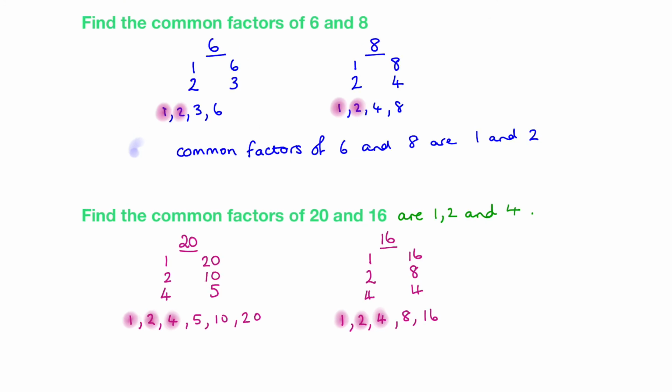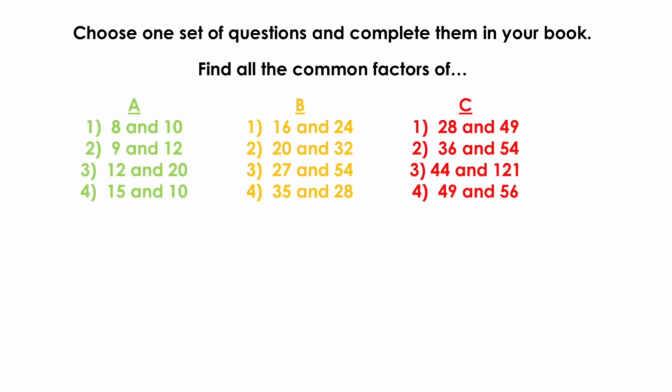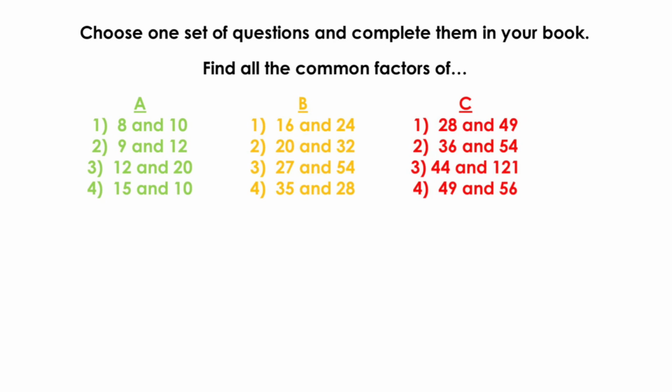Okay, so the next thing we're going to do is, you're going to answer some questions on common factors now. So I would like you to pause the video again. These are questions that are on your worksheet. So you can either use your worksheet or you can just take them straight off the board. You can do either set A, set B or set C. So you're finding the common factors.